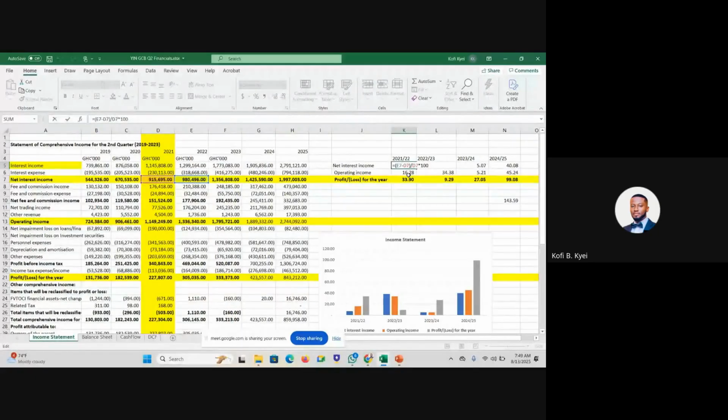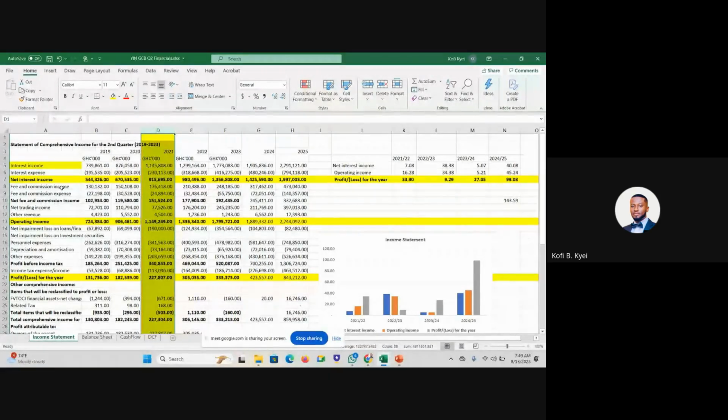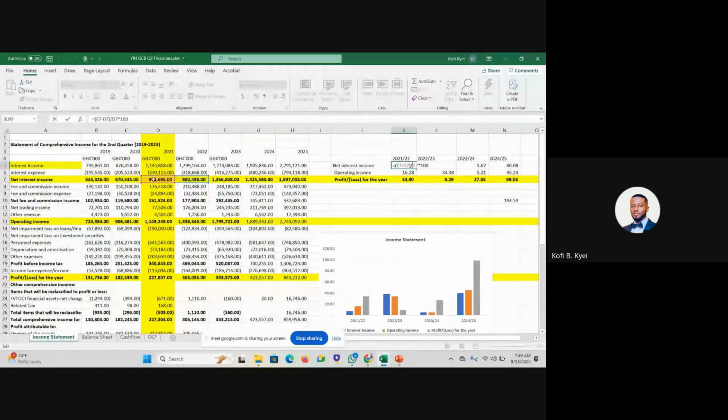So as you can see, cell D7, this is column D. All right, and these are the cells. When you say these are the cells, this is the row. All right, column and row. So when you're looking for cell D7, this is it.